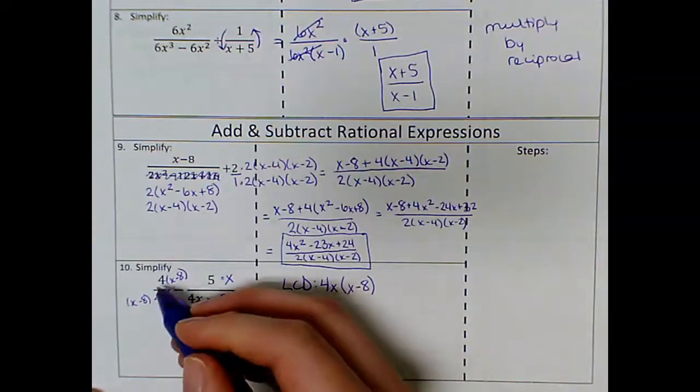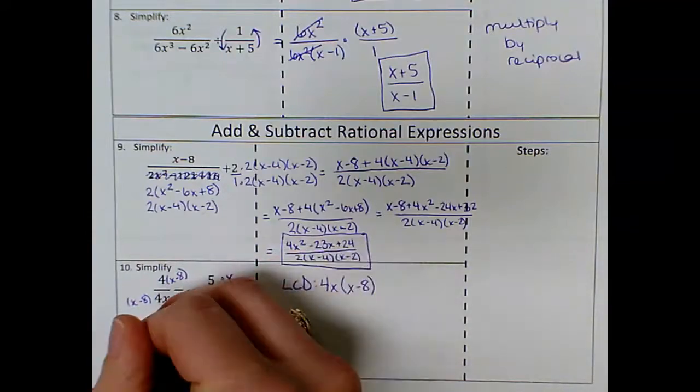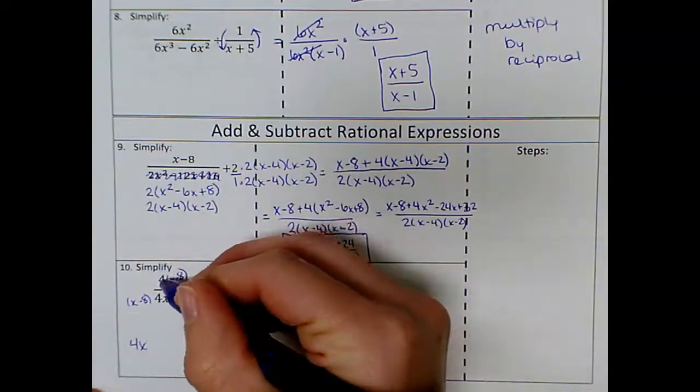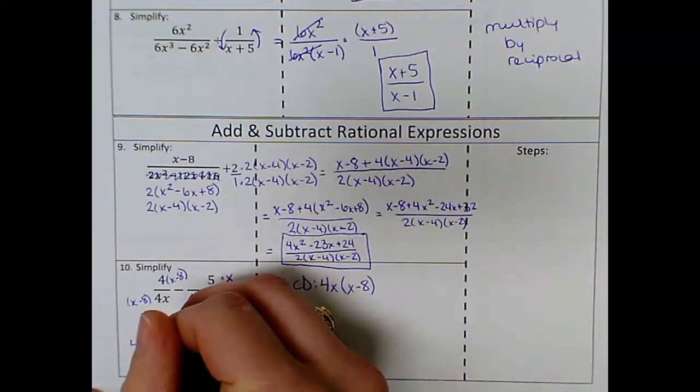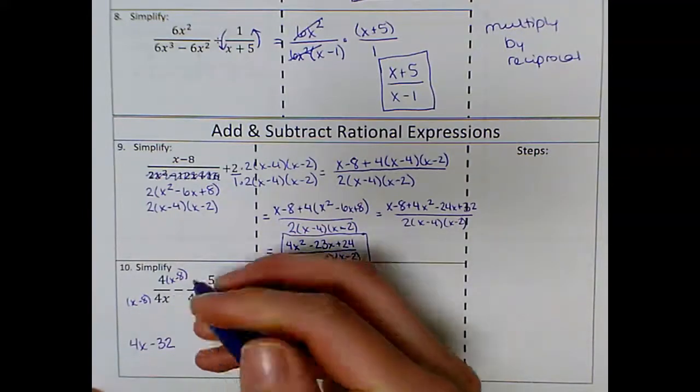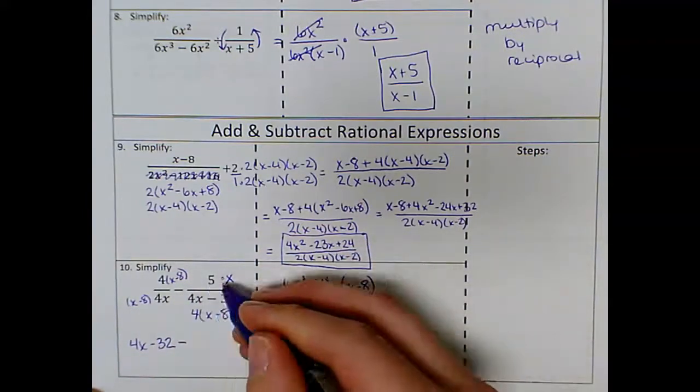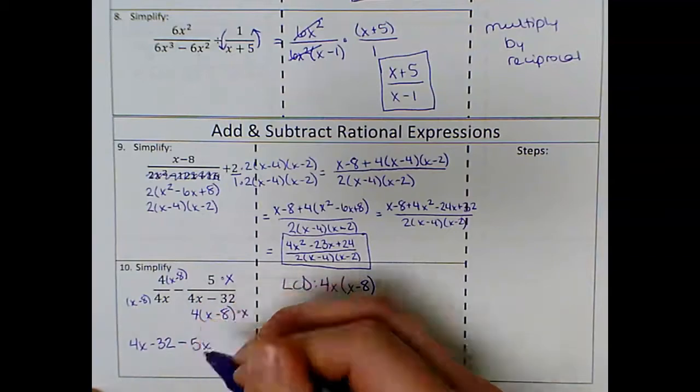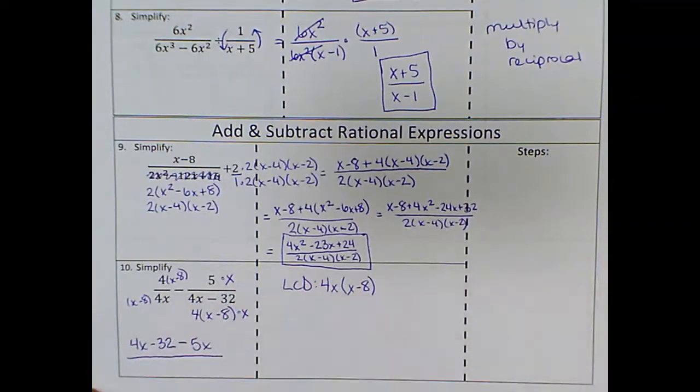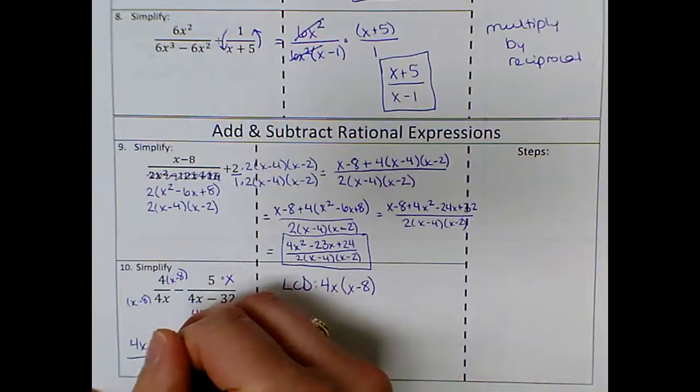So now I have 4 times x and 4 times negative 8 minus 5 times x. And it's all over that common denominator, that LCD, which is 4 times x minus 8.